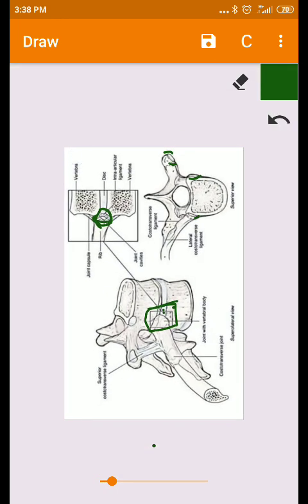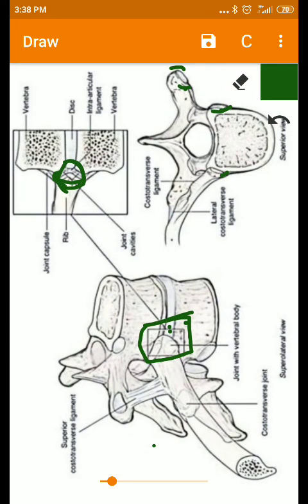The articulation of ribs from 2nd to 10th includes an interosseous or intra-articular ligament that lies within the capsule. From 2nd to 10th, costovertebral joints will have this intra-articular ligament.